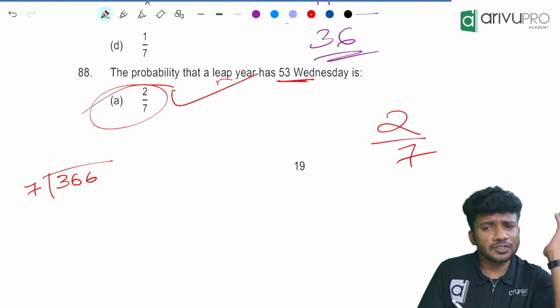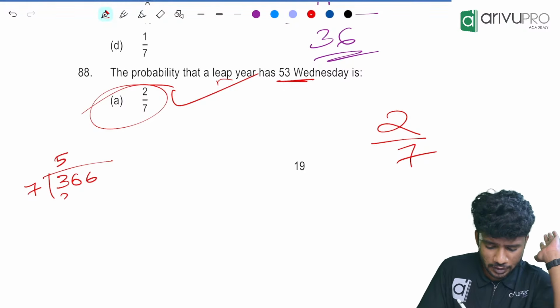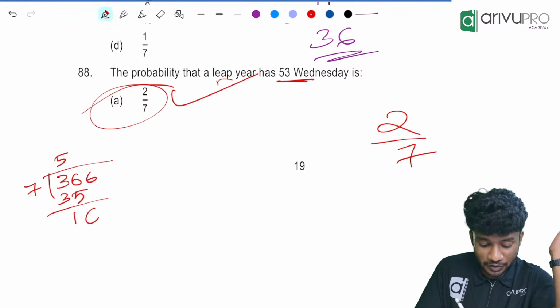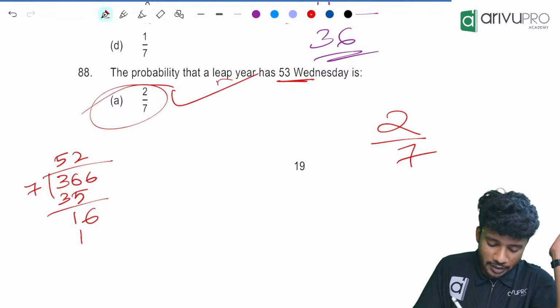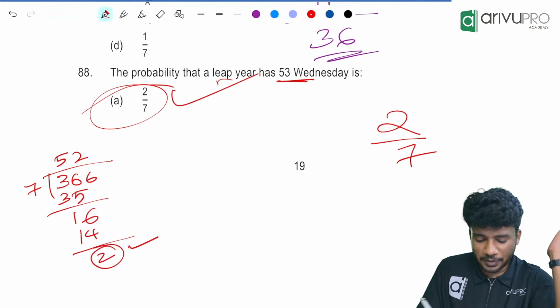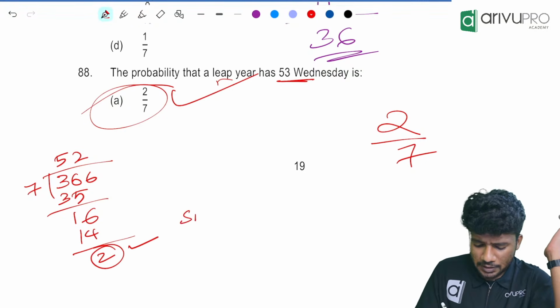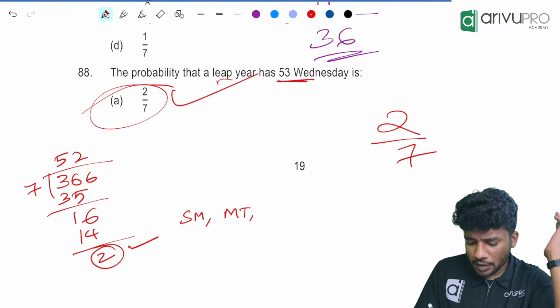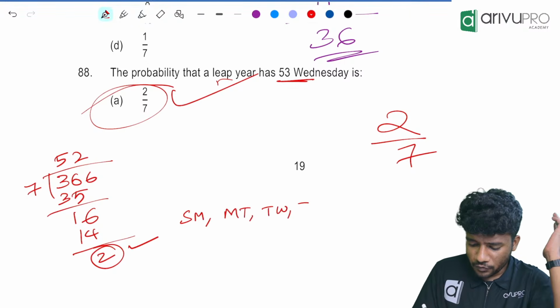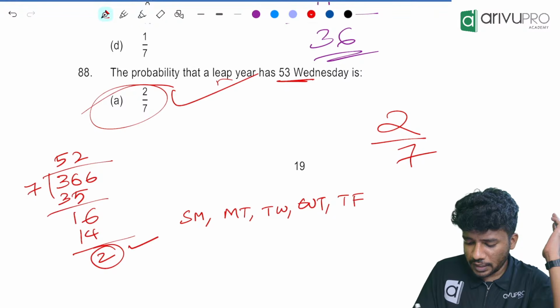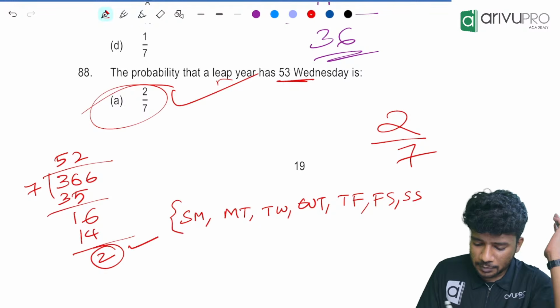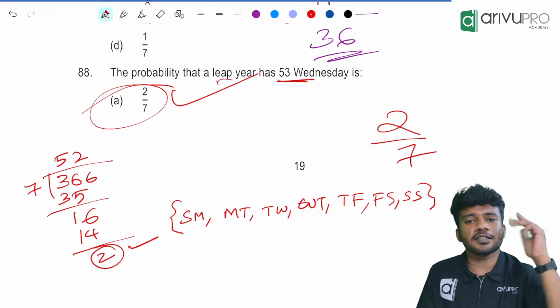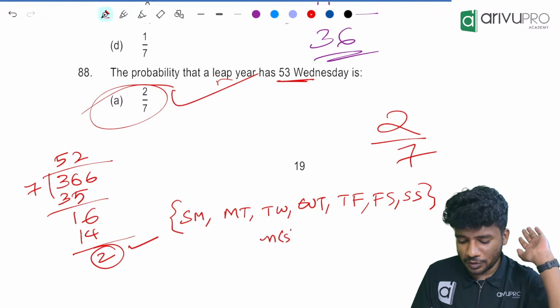So 366 divided by 7 is how much? 52, that is using our normal method which we used in school, 7 into 52 is 364. That means 2 extra days will be there, right? Those 2 extra days can be Sunday Monday, or Monday Tuesday, or Tuesday Wednesday, or Wednesday Thursday, or Thursday Friday, Friday Saturday, or Saturday Sunday, correct? That means in sample space total how many are there? 7 is there. N of S is equal to 7.